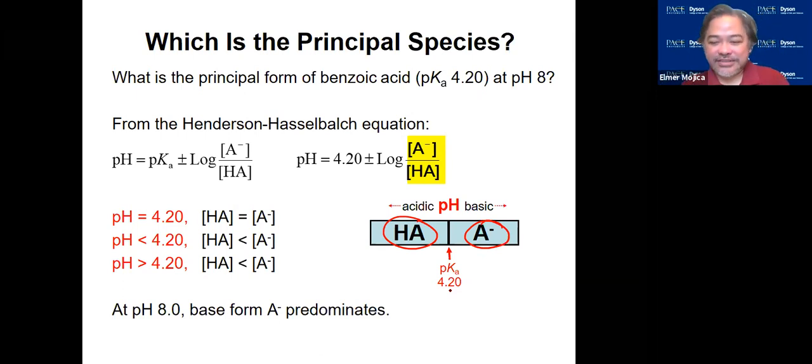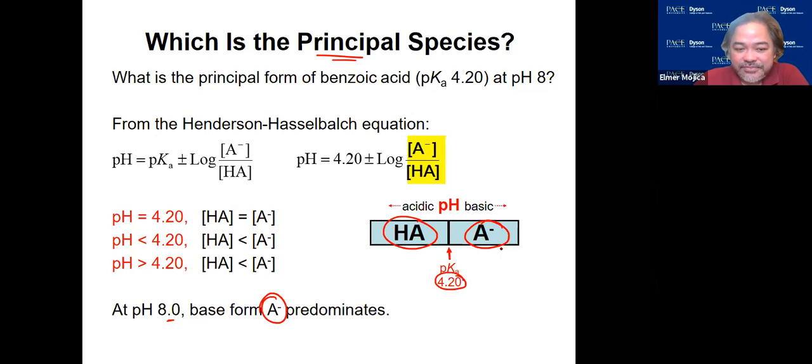Now you are asked at pH 8, which is the one that is present in greater amount, or what is the principal species. Since there are only two species, and the point where they're 50-50 is 4.20, at pH 8 you can say that the A minus is the principal species.